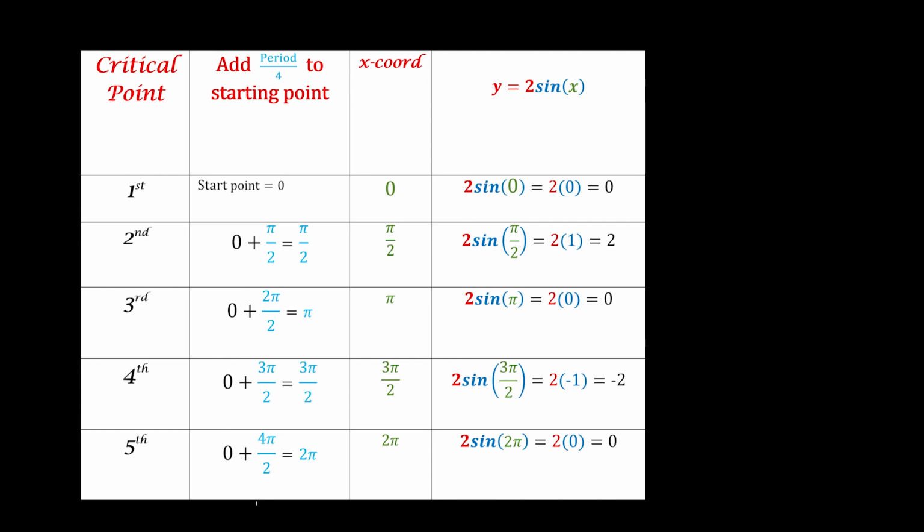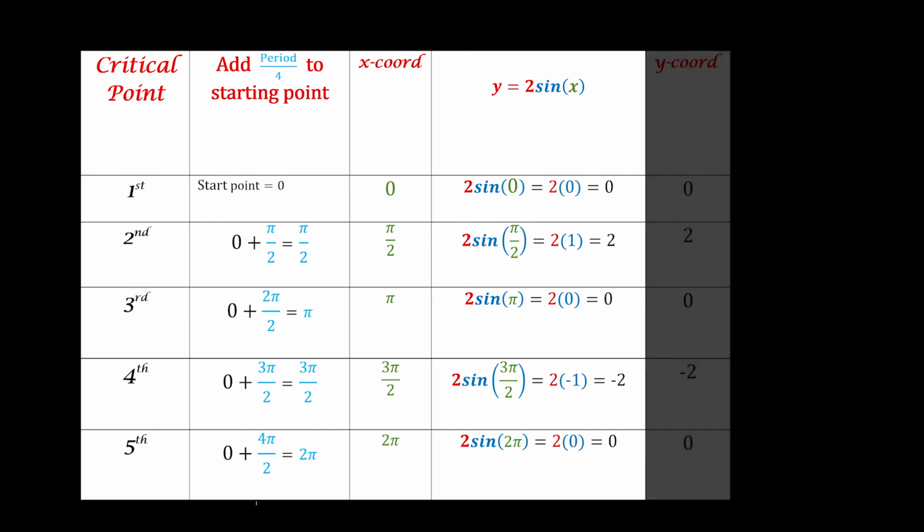The only challenging part of this step is that you have to know what sine of 0, sine of pi over 2, sine of pi, sine of 3 pi over 2, and sine of 2 pi are. So this takes some memorization of the unit circle. If you don't memorize the unit circle, you can't proceed further than this part. So make it a high priority to know.